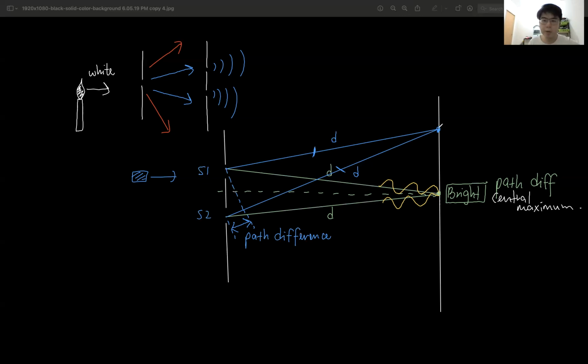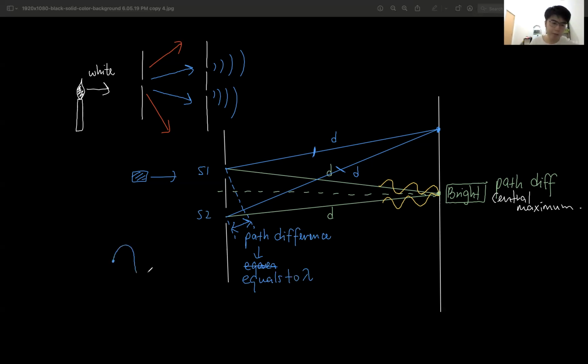The second source, source 1, source 2, has to travel a further distance of whatever this distance is. As it arrives at this point, they are not going to be exactly in phase. Depending on this path difference, if it equals lambda, the wavelength of the wave, then what happens?